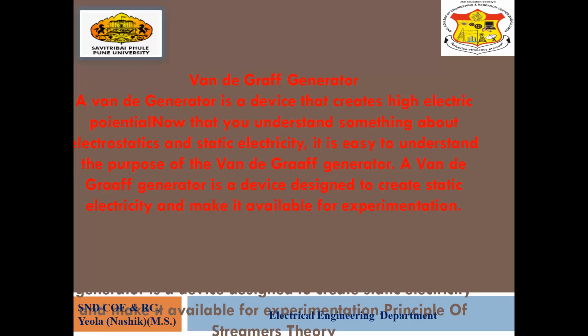We have seen two types: Van de Graaff generators and electrostatic machines. The Van de Graaff generator is a device that creates high electrical potential. You know that potential is the voltage, so for generating high voltage, we use the Van de Graaff generator. If you know something about the electrostatic field and static electricity, you can easily understand the principle of the Van de Graaff generator.